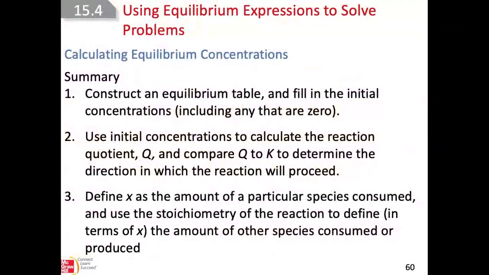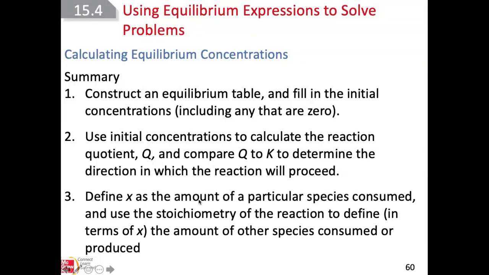So how can we solve problems for the equilibrium concentration? First, we have to construct the equilibrium table and fill in the initial concentrations, including any that are zero. Then use the initial concentrations to calculate the reaction quotient Q, compare Q with K, and determine which direction the reaction will proceed to reach equilibrium.